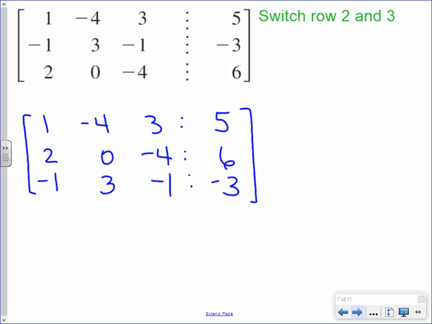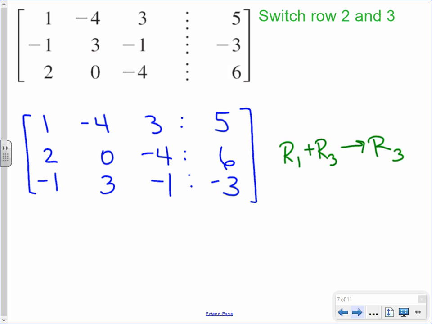From here, I'm now going to give you the instructions to take row 1, add it to row 3, and replace row 3 with that sum. Do you see my notation? Row 1 plus row 3 and replace row 3. Does that make sense?